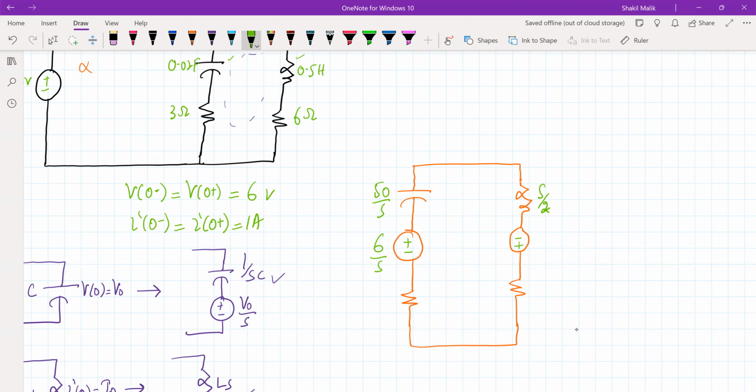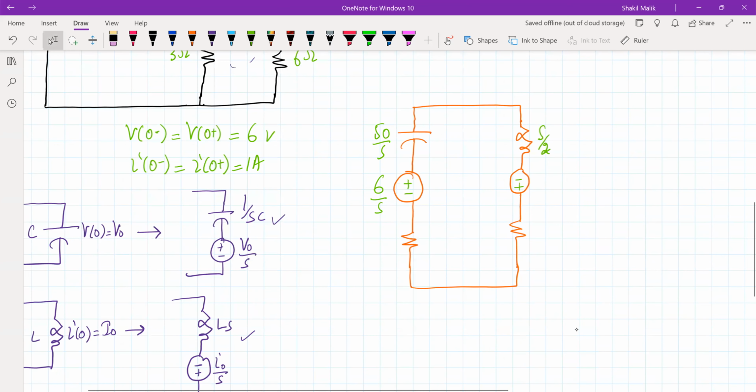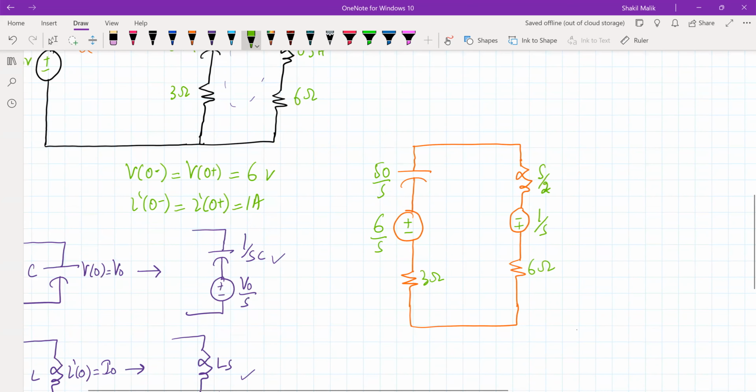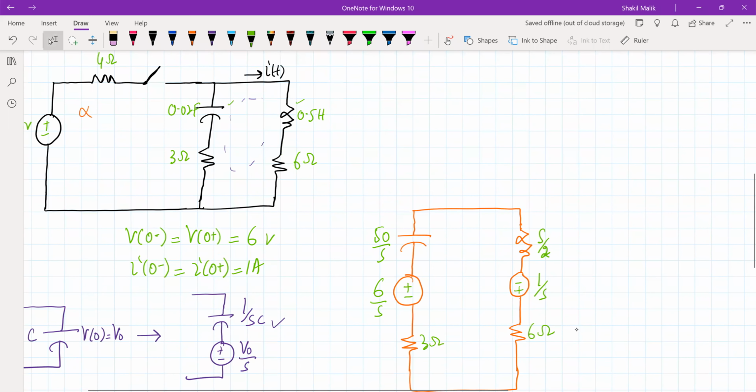Then I0 is 1, so it will be 1 by S. Then this is 3 ohm, and this is 6 ohm, not 2 ohm. And here is the current flowing through this, which we'll write as I(S).